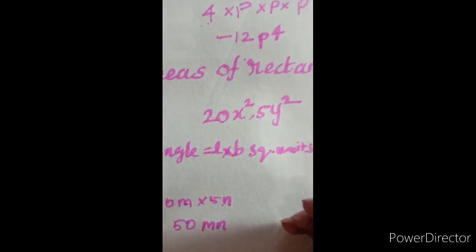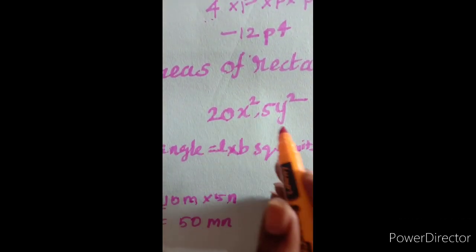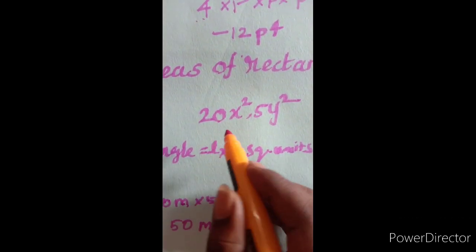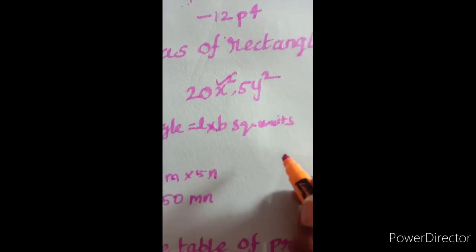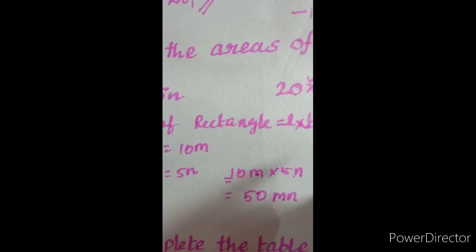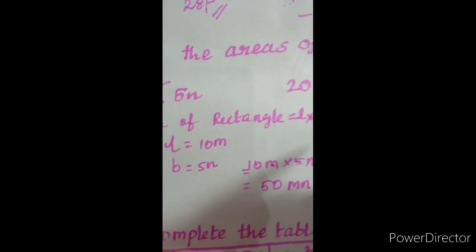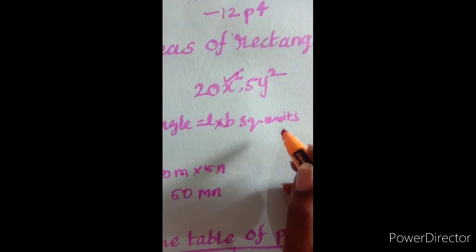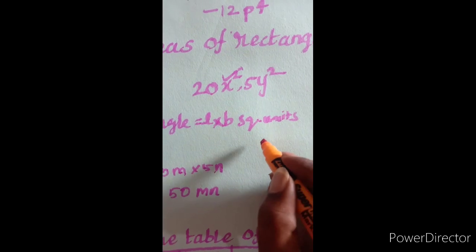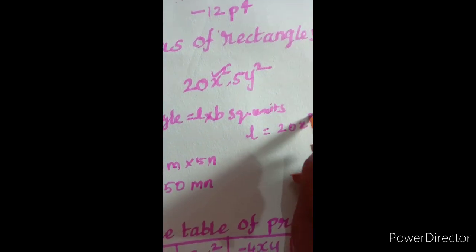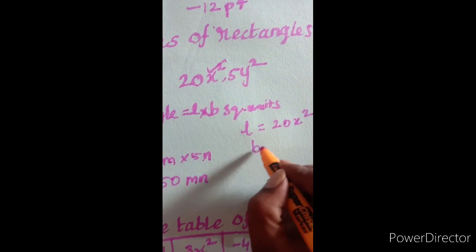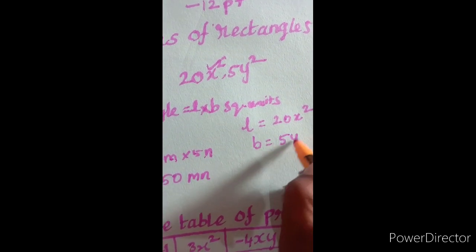Here another question, the same topic, find the areas of the rectangle, that is first value is 20x squared and 5y squared. We know that the area of a rectangle is L into B square units. You can take the bigger value as L, 20x squared, and breadth is 5y squared.